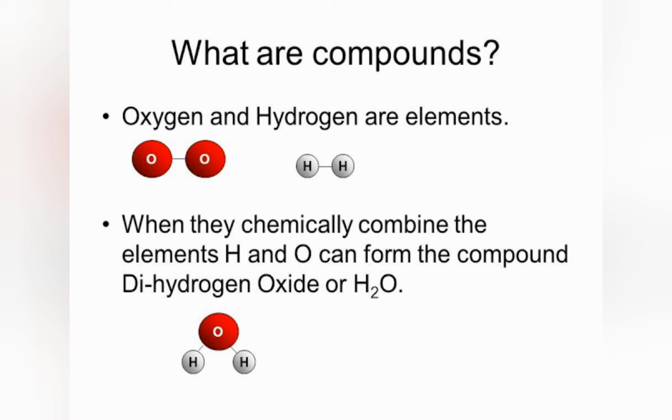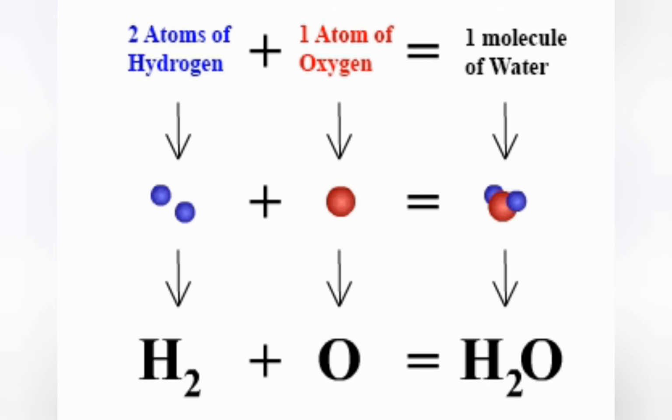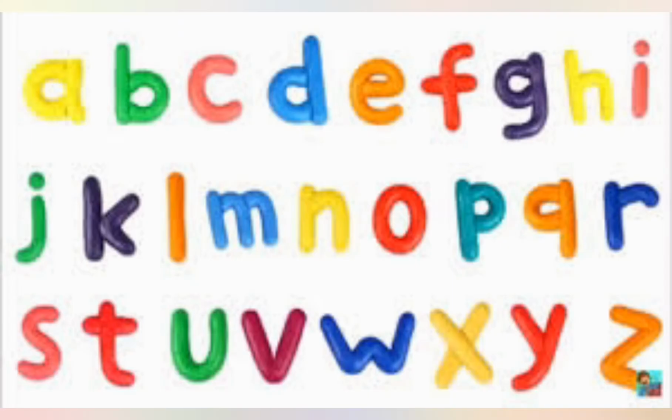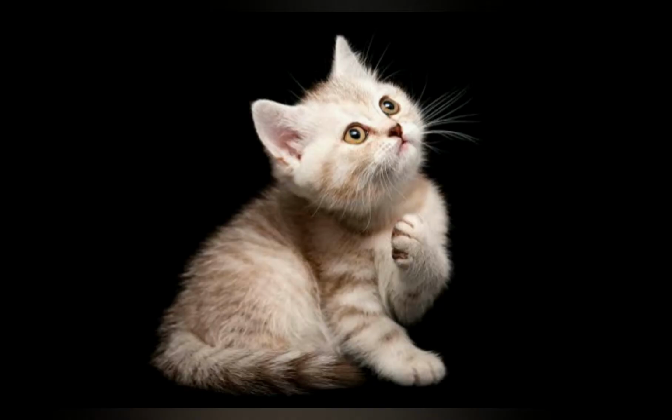So, the representation of a molecule of a compound using chemical symbols of its constituent elements is called chemical formula. Let me explain in further simple terms. As different alphabets combine to form a word, for example, alphabets C, A, T form a word cat.